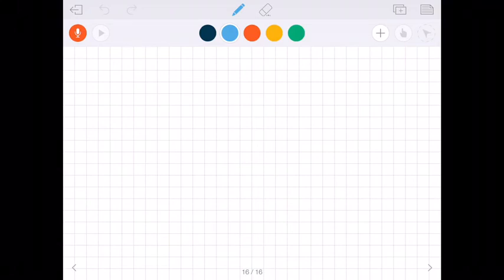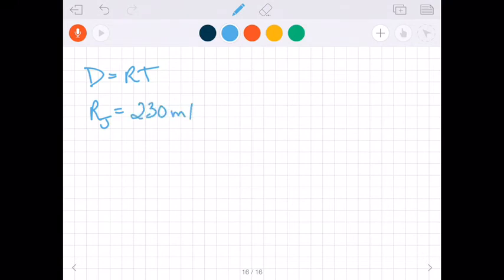So Harry and Jeanette jog around a circular track that is 210 meters long, okay? Jeanette's rate is 230 meters per minute. Let's write our D equals RT because that was the rule I gave you. All right, and we know that the rate for Jeanette is 230 meters per minute.